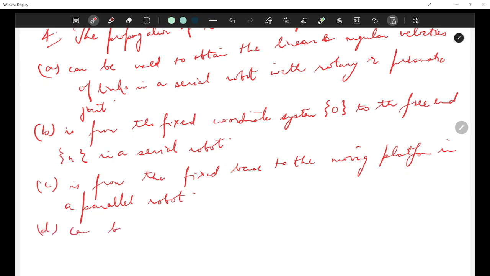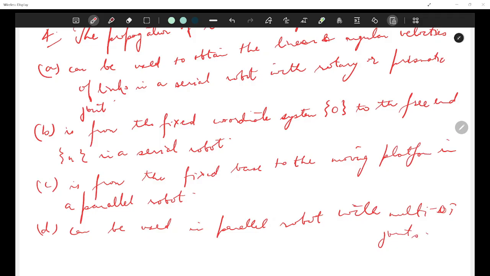It can be used in parallel robot with multi-degree of freedom joints. Multi DOF, I am writing. Okay.